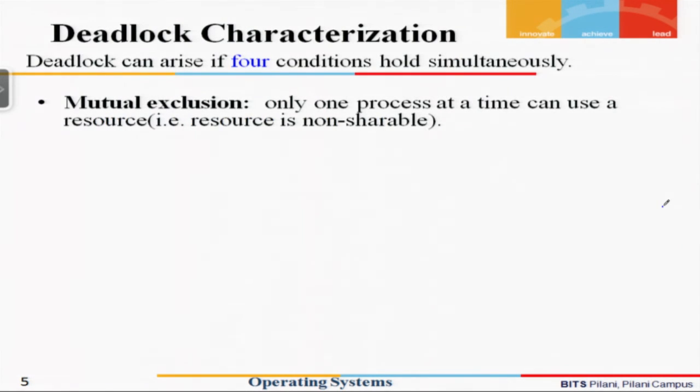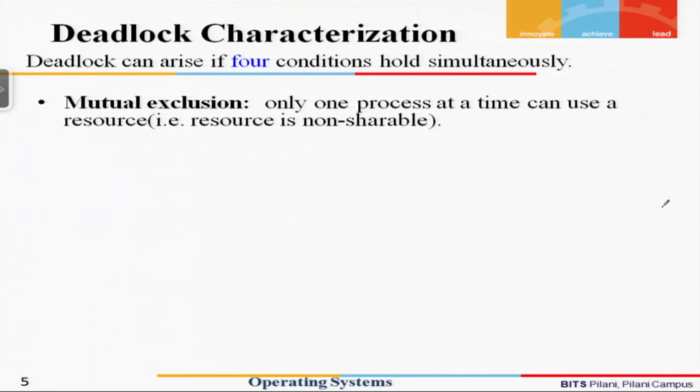So, deadlock. We find that a deadlock can arise if there are 4 conditions which are responsible for a deadlock occurrence, and all these 4 conditions must hold simultaneously. So, the first condition is mutual exclusion, that is only one process at a time can use a resource, and mutual exclusion is required primarily because the resource which is being accessed is non-shareable.